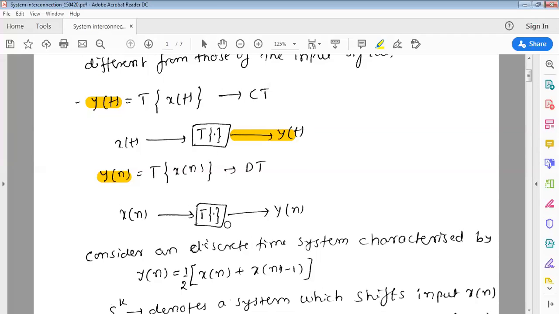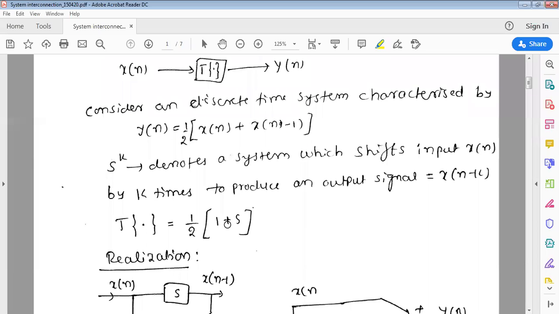Now let us take a simple example. Consider a discrete time signal y of n is equal to half of x of n plus x of n minus 1. So it is the sum of the present signal x of n plus the delayed signal x of n minus 1. X of n is delayed by one sample. Now let us denote by S to the power k an operator which shifts x of n by k samples.